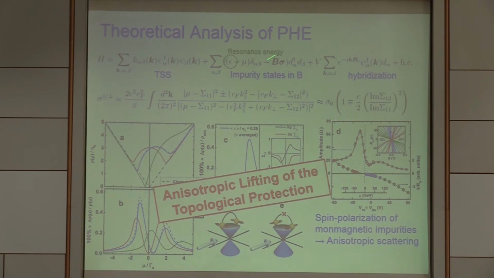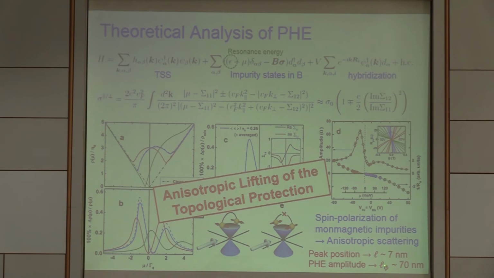And furthermore, this theory gave us some opportunities to analyze the quantitative nature of the scattering. For example, the position of the peak, which is a measure of this resonance energy as well as the strength of the scattering, allows us to estimate the mean free path to be 7 nanometer. And also the amplitude of the Planar Hall effect is a measure of the strength of this Zeeman energy, which is proportional to the phase scattering length.